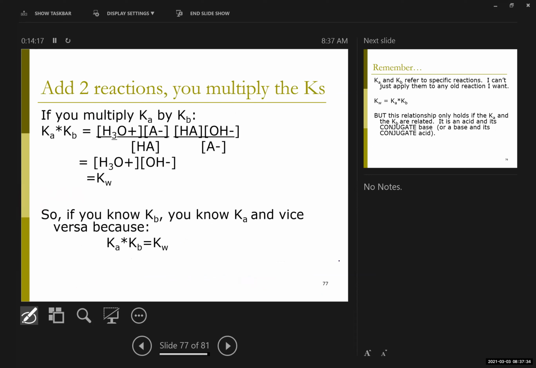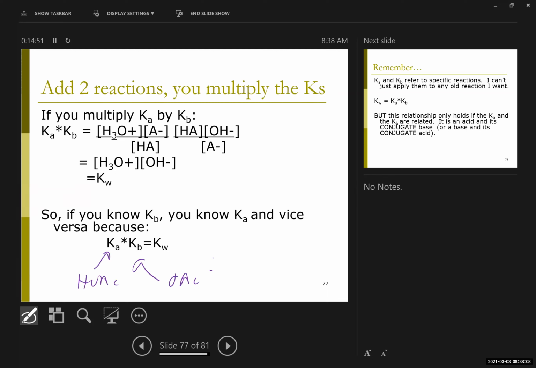And so, again, only for a conjugate pair, the Ka of the acid times the Kb of its conjugate. So this has to be acetic acid and acetate. It's not any old acid with any old base. But if I take the Ka of the acid and the Kb of its conjugate multiplied together, I always get Kw.